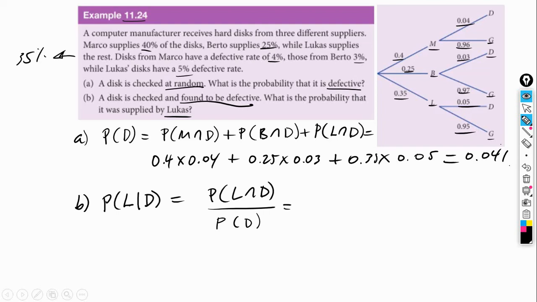So this is going to be 0.35 times 0.05 divided by 0.041. And this will finally give us 0.427.